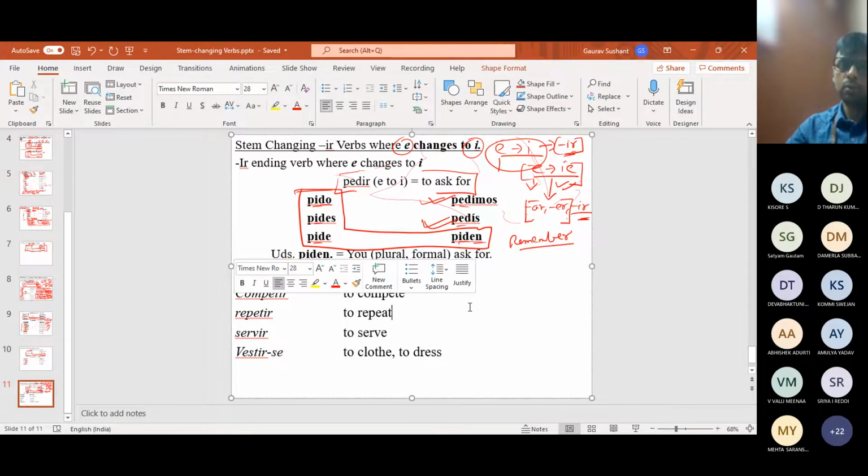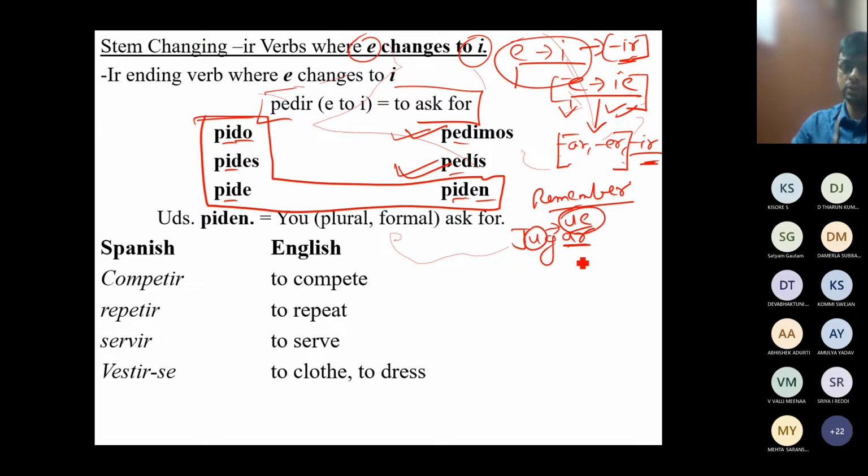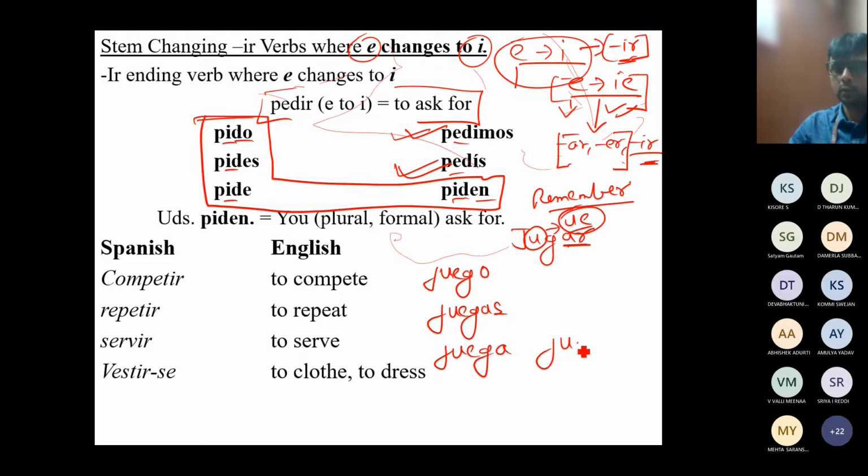Now, as I have told you, there is a verb jugar also. So I have to tell you about that also. Jugar is an AR ending verb where U changes to UE, and this is the only verb which exists. So the same boot rule will be followed. So it will be juego, juegas, juega, and juegan.